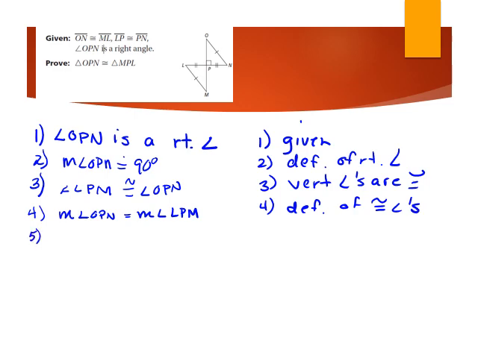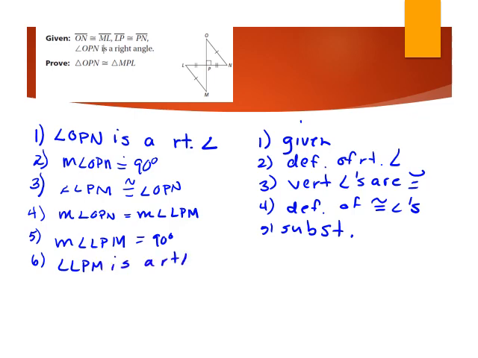And then by substitution, we can say that the measure of angle LPM is 90 degrees. We can then say that angle LPM is a right angle, and that would be by definition of a right angle.